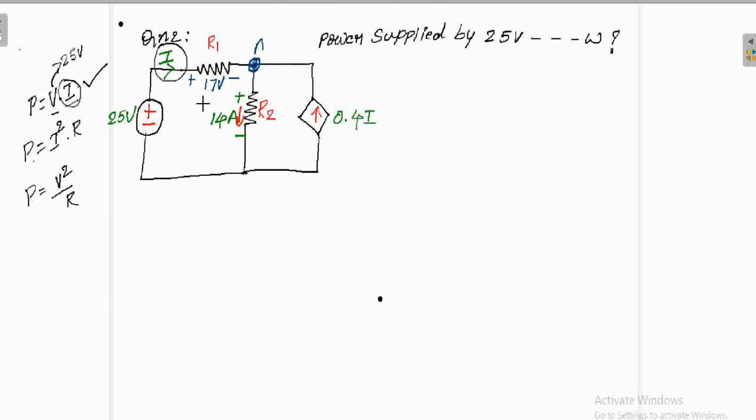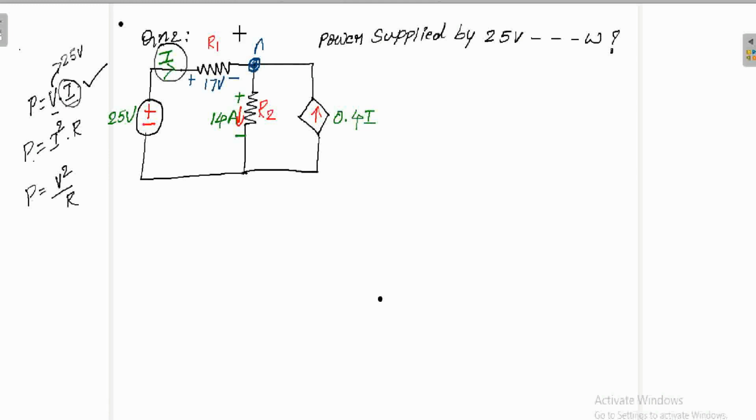So our task is to use only the necessary information. With that necessary information we have to find our required quantity. Here our required quantity is the I value. They have given R1, its voltage drop is 17 volts, and the current flowing through R2 is 14 amps.